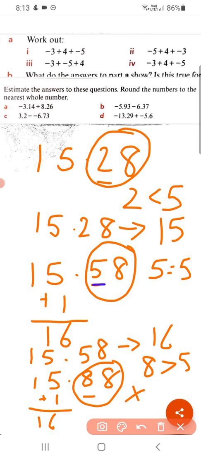So we are adding 1 to the digit in the ones place, that is 5 plus 1, 6. In this question, the digit in the 10th place is 8, which is more than 5. So add 1 to the digit in the ones place. 5 plus 1, 6. Okay. Then remove the decimal part. So children, when you are rounding a number to the nearest whole number, you should follow these instructions.